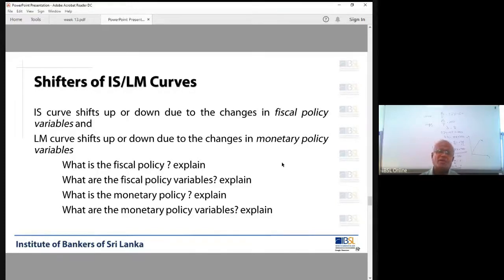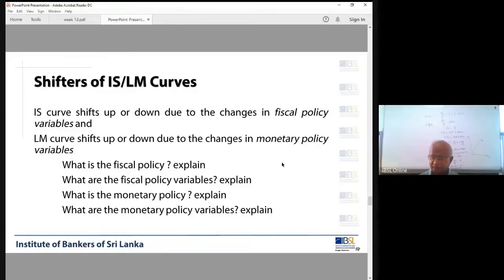The IS curve shifts up or down due to changes in fiscal policy. Fiscal policy variables are the government's variables: change in government expenditure and change in taxes. Government can increase their expenditure or decrease their expenditure.